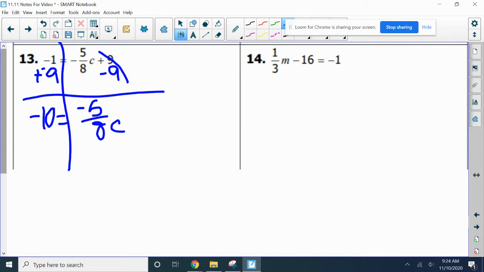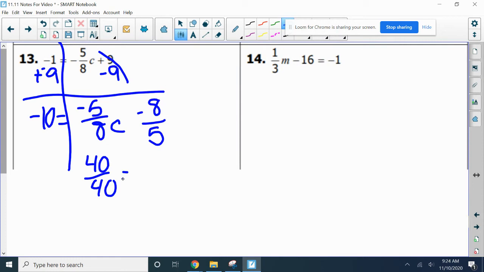And then I want to get rid of that 5/8 times the C. And we know to get rid of multiplication, we divide. And dividing by a fraction is the same as multiplying it by its reciprocal. So we're going to flip that 5/8 and say both of these sides times negative, because we're keeping the negative sign, 8/5. So you could say negative times a negative is a positive. 8 times 5 is 40. 8 times 5 is 40.